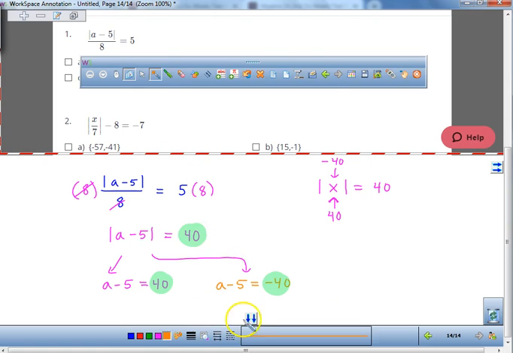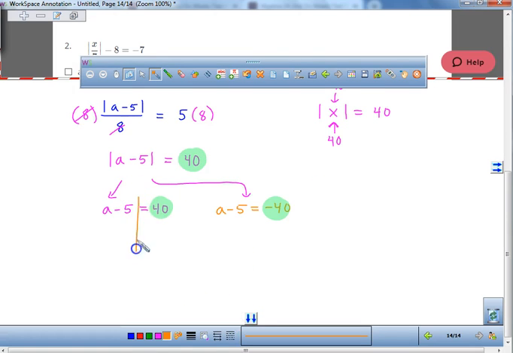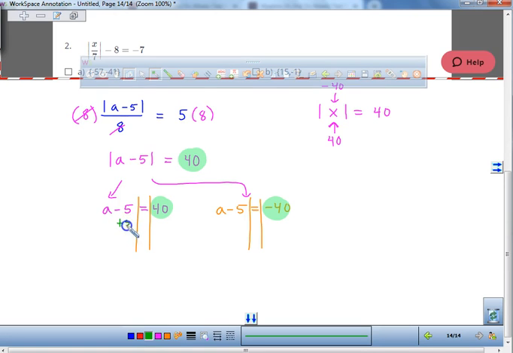All right, so let's check this out. We have two equations. What's the only thing we have to do in both equations to solve for a? Simply add a 5 all the way across. And if we add a 5 all the way across, what does that leave us with?